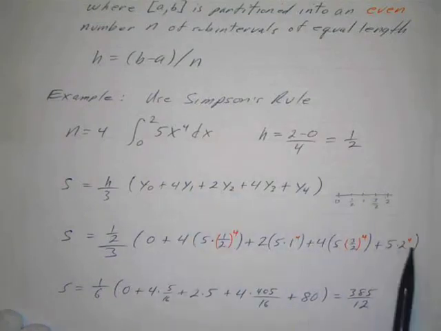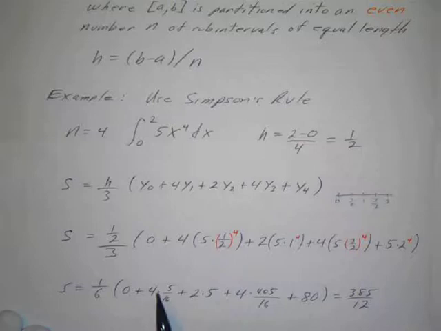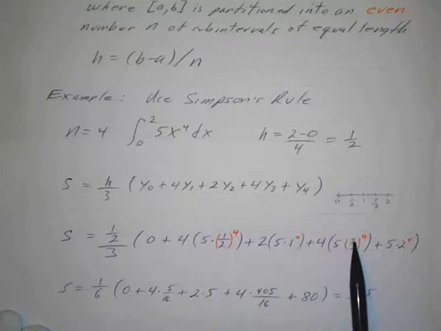Those are where these numbers come from. This works out to 0, then 1/2 to the 4th is 1/16, so 4 times 5/16, 2 times 5, then 3 to the 4th is 81, and 5 times 81 is 405, and 2 to the 4th is 16, times 5 is 80.